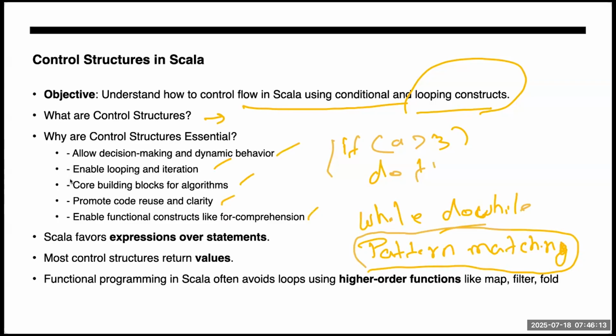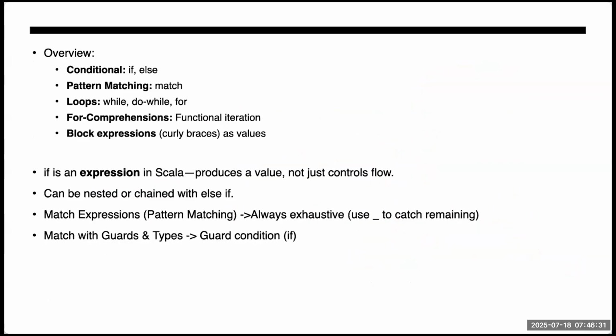These are the core building blocks of algorithms, enabling loops and iteration. If you use a while loop or for loop, it will have the loops. We'll see the examples of all, then we'll understand more. As I told you, it has multiple things: conditions, if else, pattern matching, looping, block expression, for loop and all.